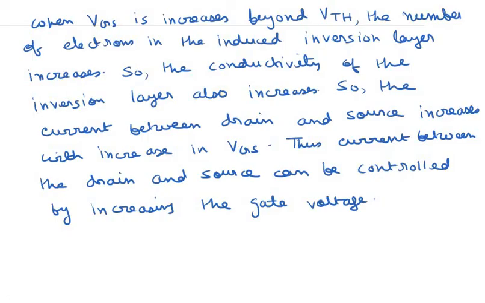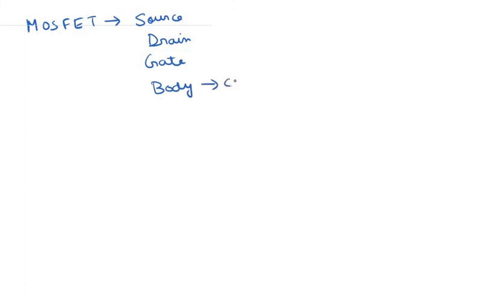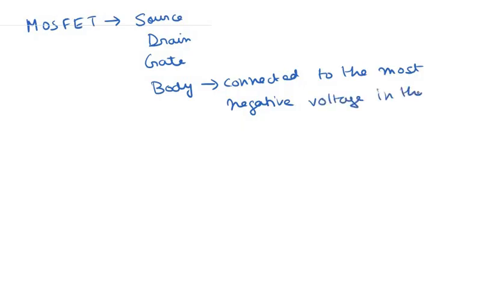MOSFET is actually a 4-terminal device, and these 4 terminals are the source, the drain, the gate, and the body. The body is connected to the most negative voltage in the circuit.